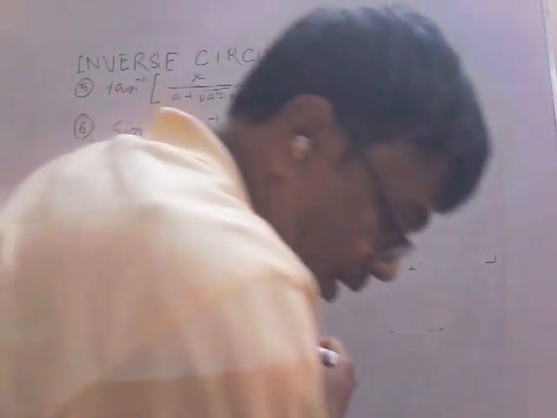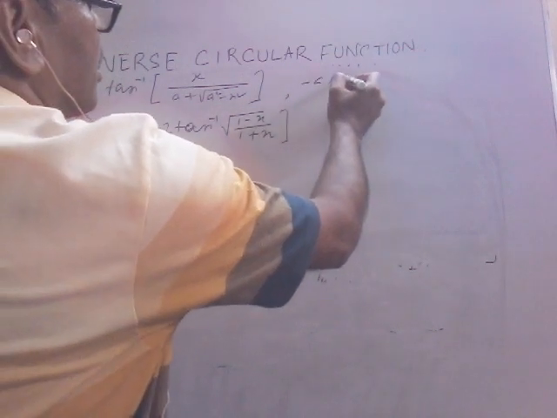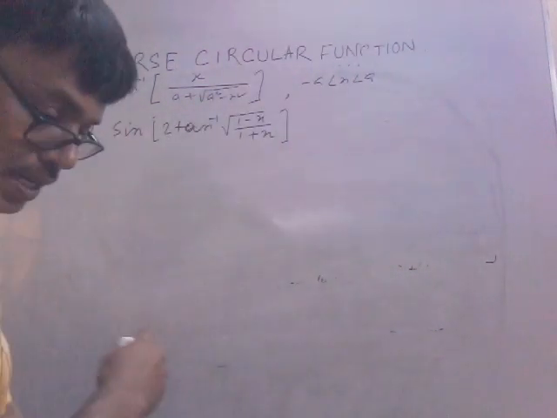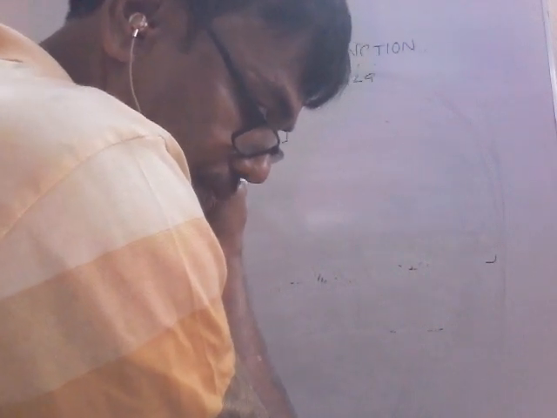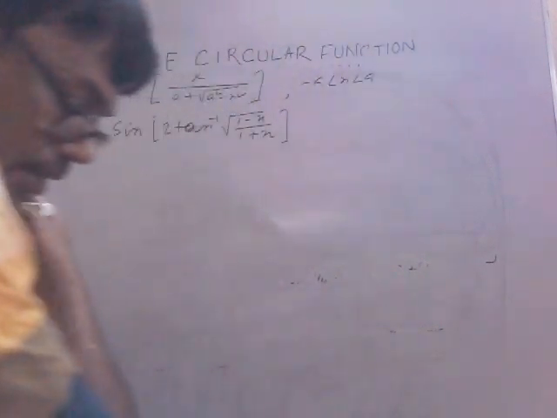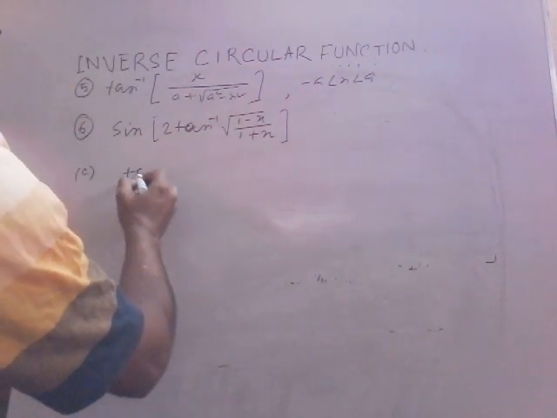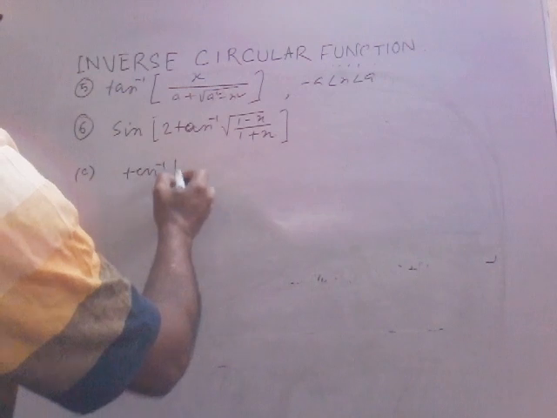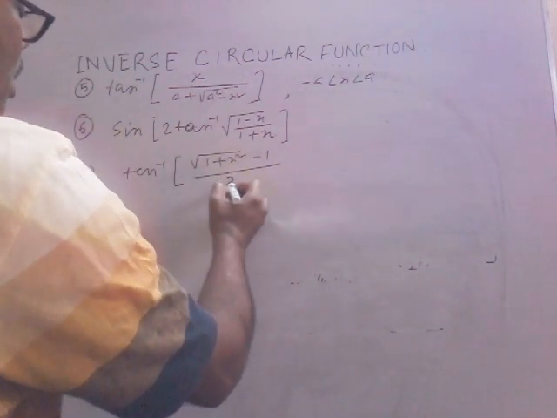Here the restriction is minus a less than x less than a. Here no restrictions. Tan inverse of root over 1 plus x square minus 1 by x.